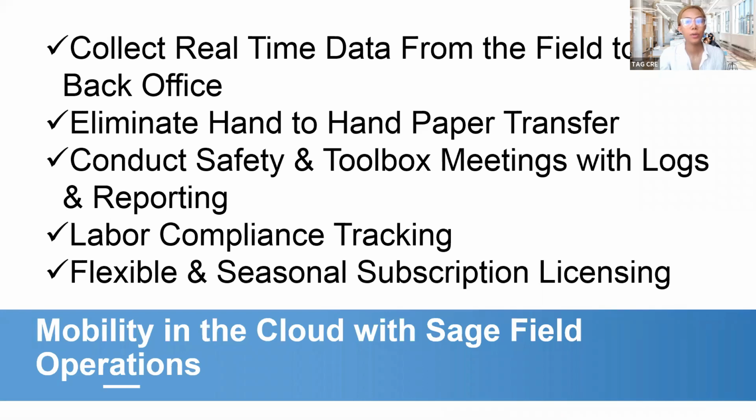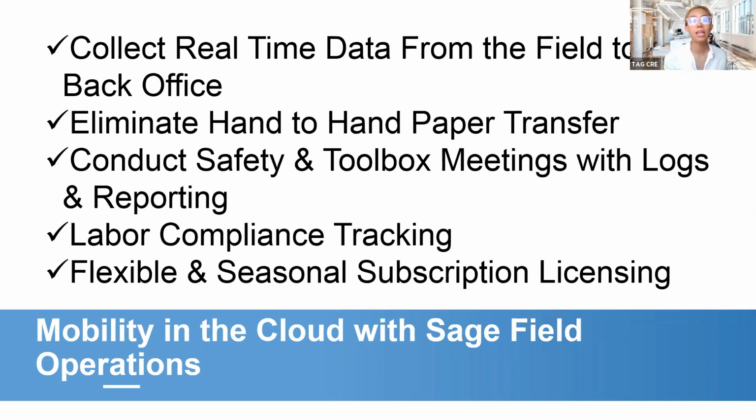Okay, so what is Sage Field Operations as a whole? In order to get into specifically compliance and forms building, I'll give you an overview of what this solution entails. This product is a web-based or cloud-based solution that talks directly back to your Sage 300 CRE system.